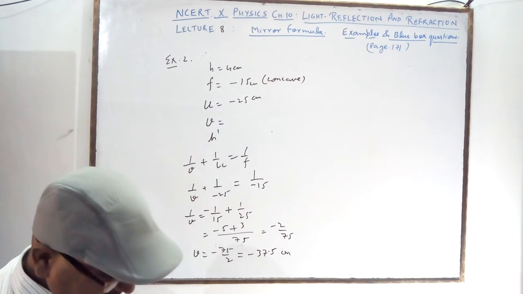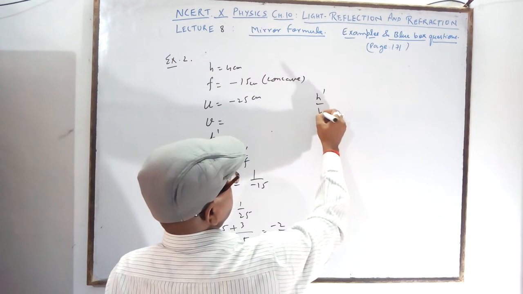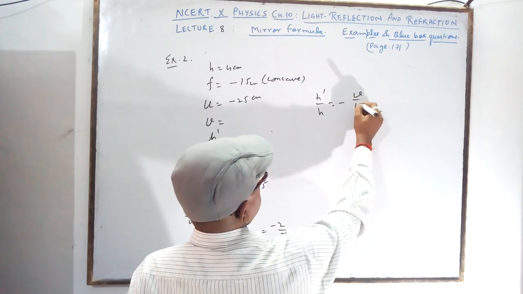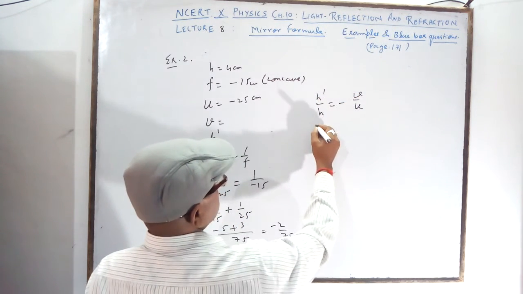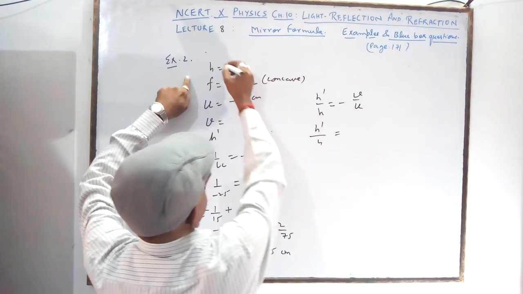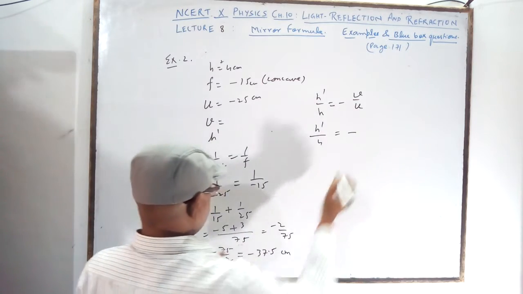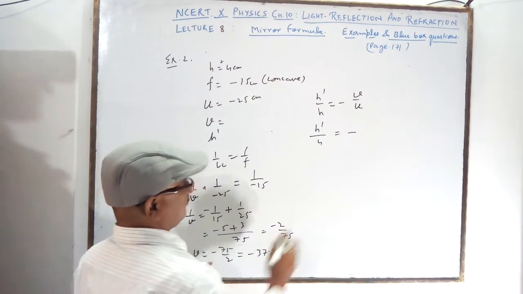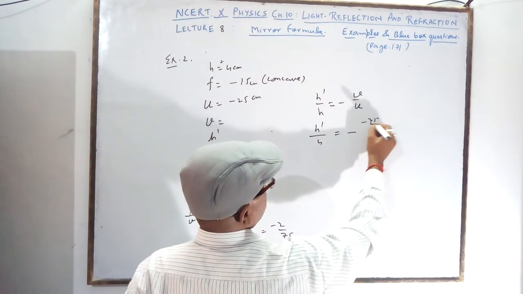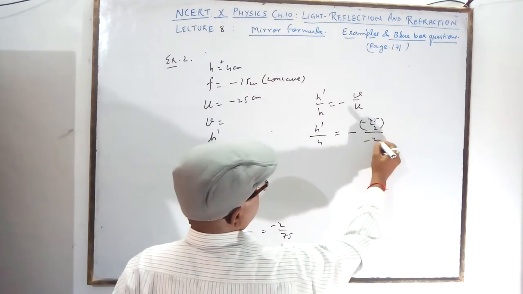You find out then what is the magnification? H dash upon H is equal to minus V by U. Put the values. H dash upon 4 centimeter, because positive, because direct always, minus V. V is given minus 75 by 2, don't put the decimal value. U is given minus 25.